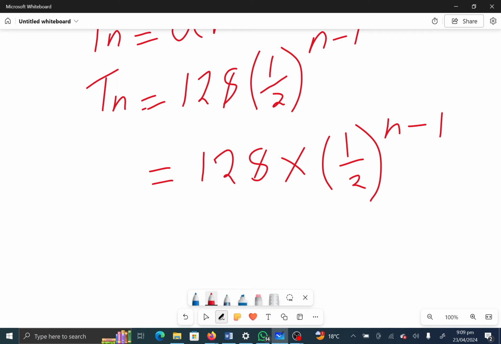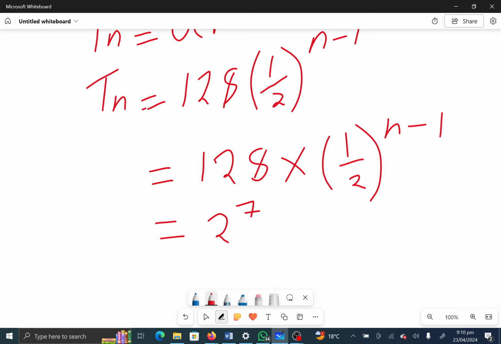So now we say equals 128, and the index of 128 is 2 to the power 7.